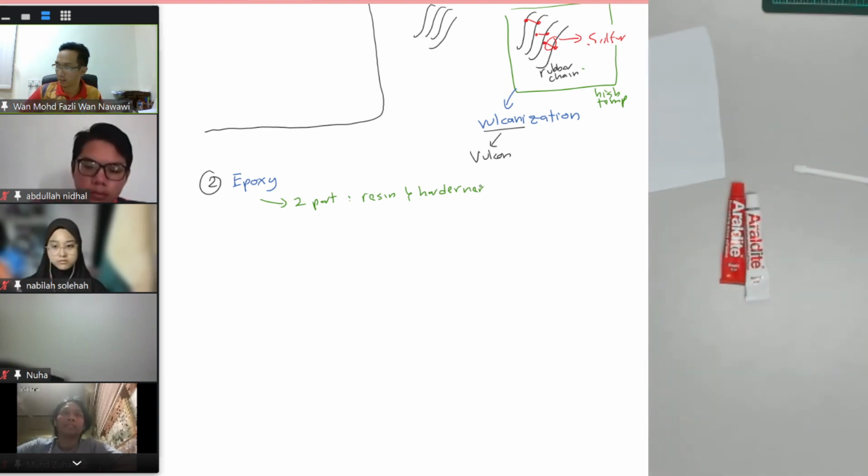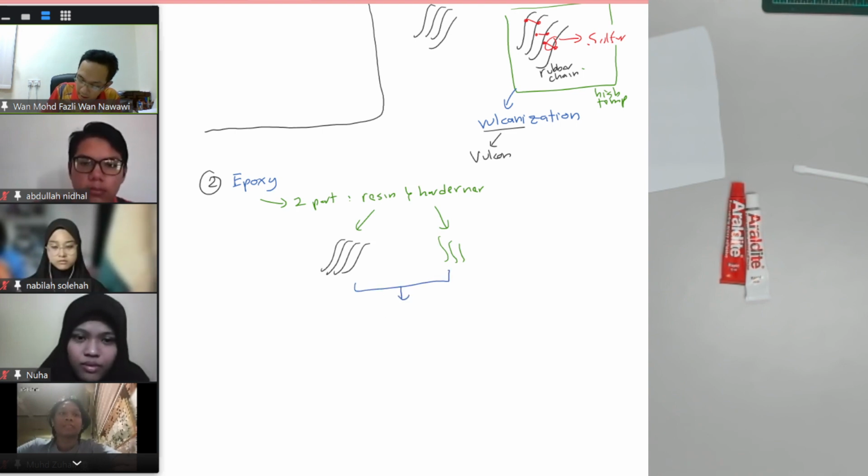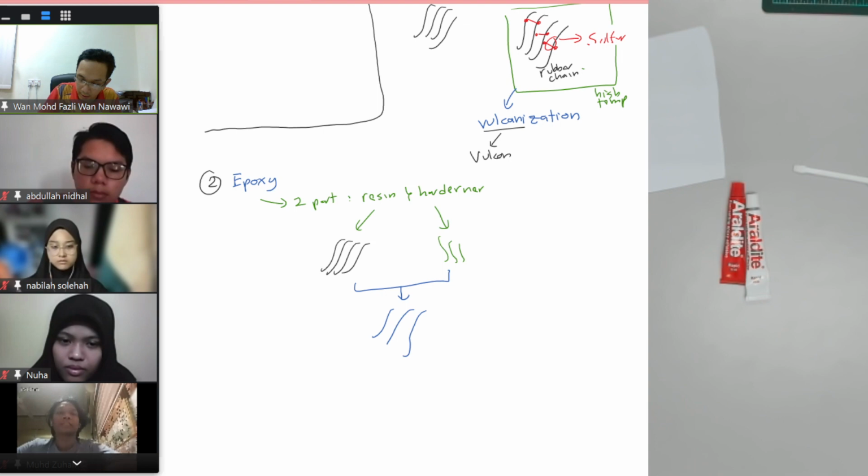The cross-link happens. Imagine the resin is basically the polymer itself, and the hardener is also something, maybe polymer or non-polymer, but let's say it's a polymer. When you mix them together, the reaction happens in such a way that the cross-link happens. The hardener and resin will cross-link each other, and that's where you get the thermoset.